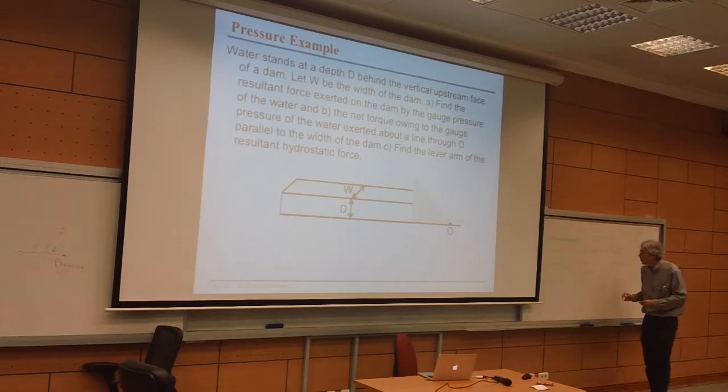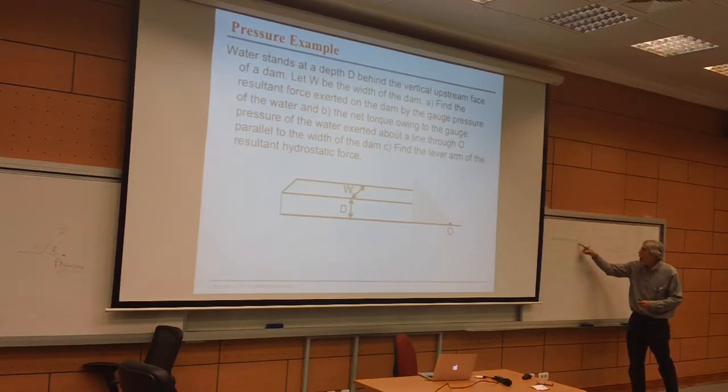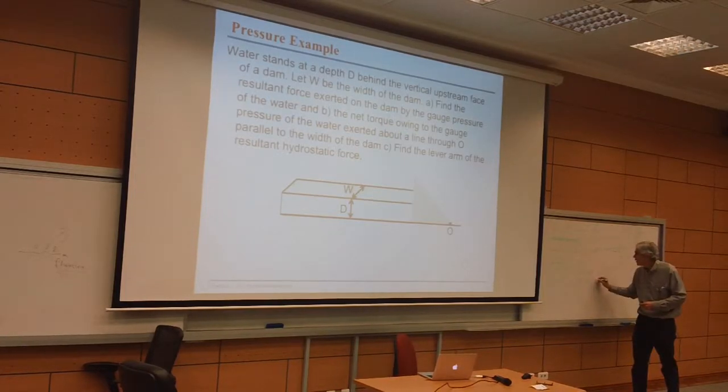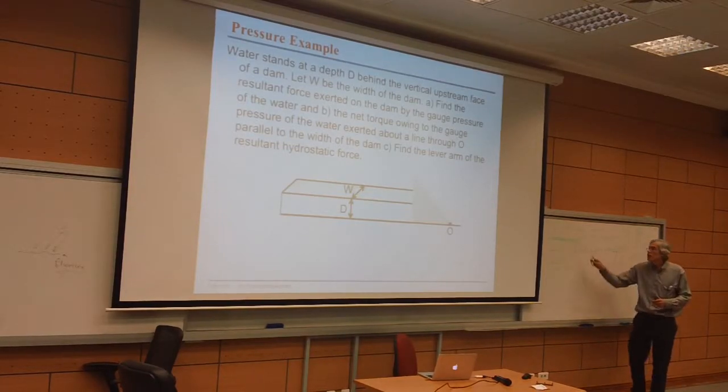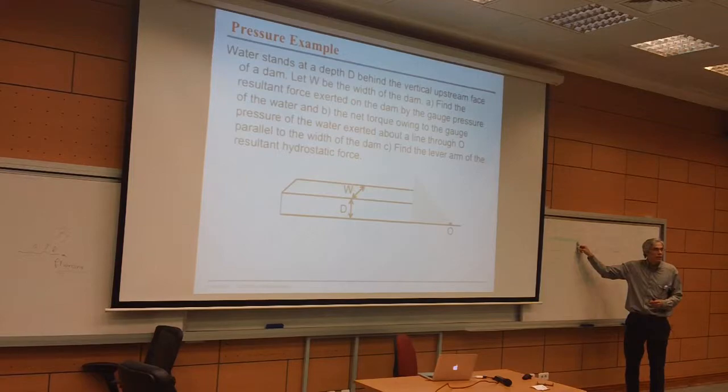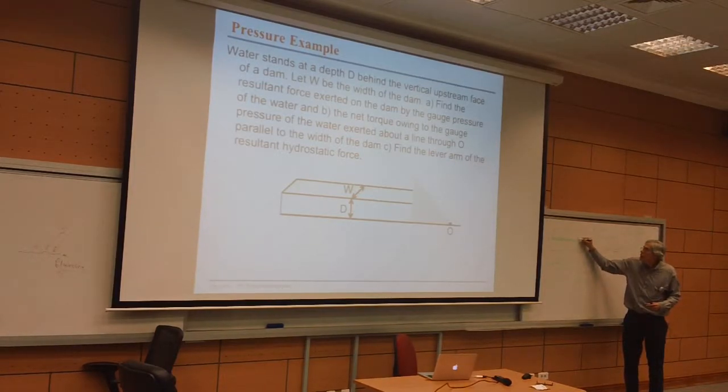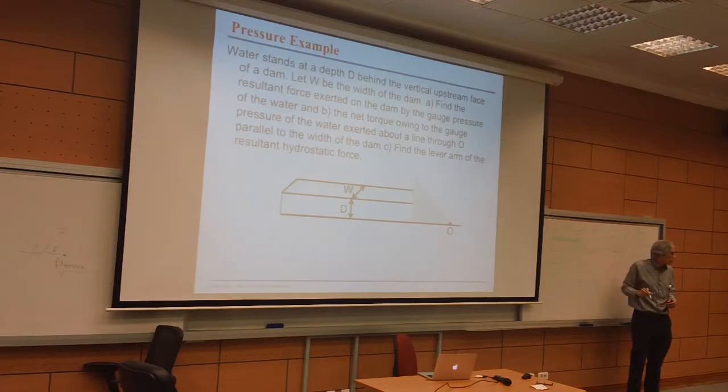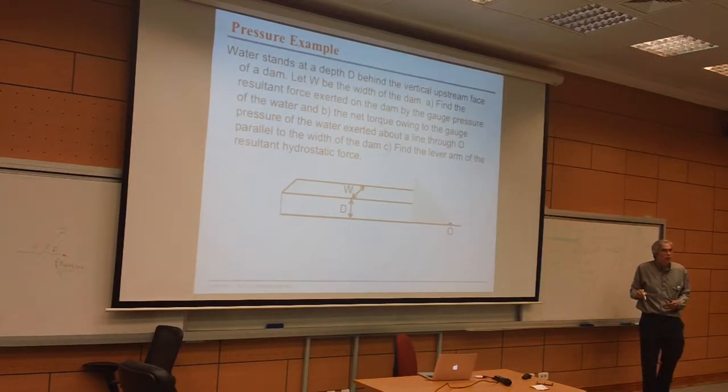Okay? So, d tau is equal to d minus y times df. Everyone agree? This distance is d, this distance is y, so the distance here is d minus y.